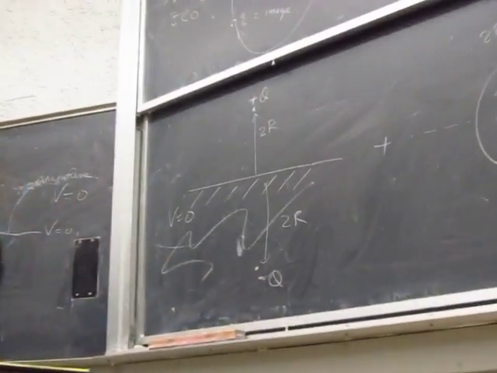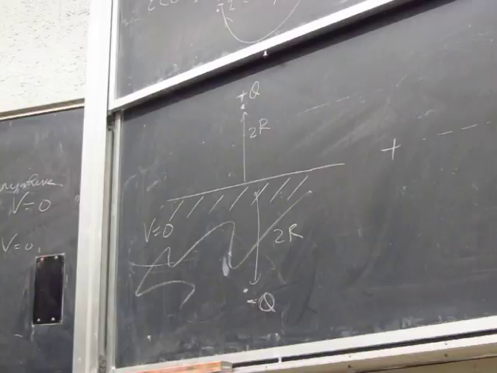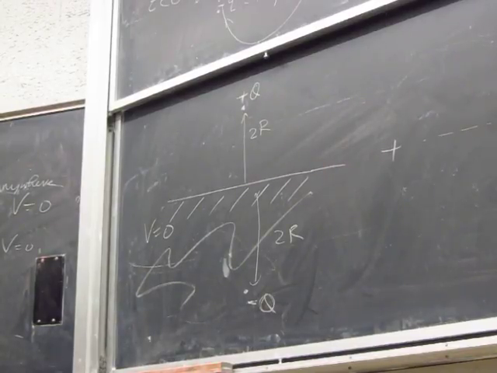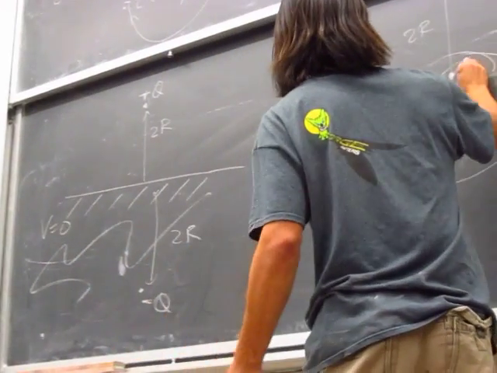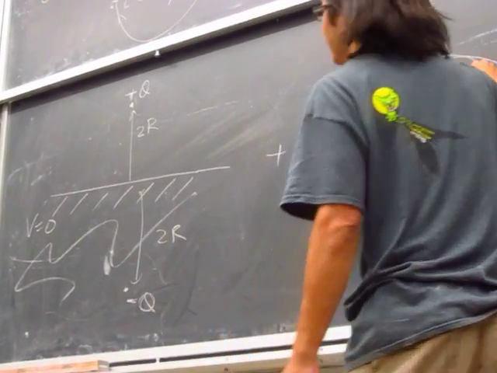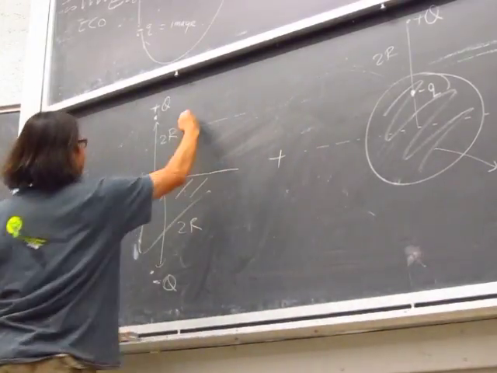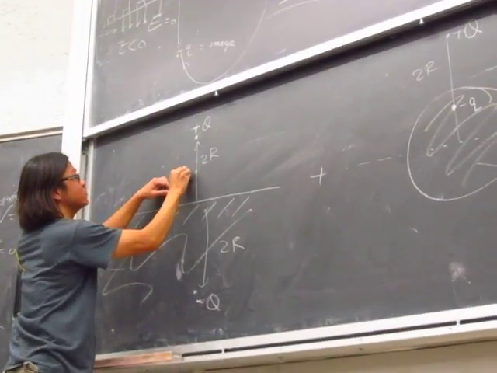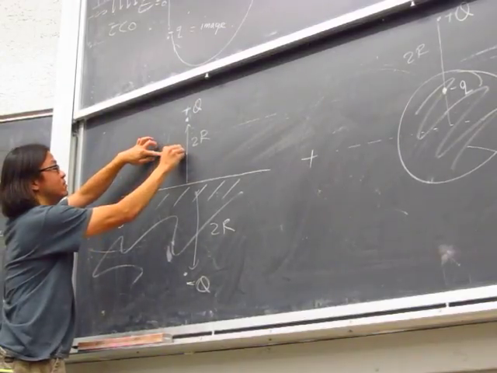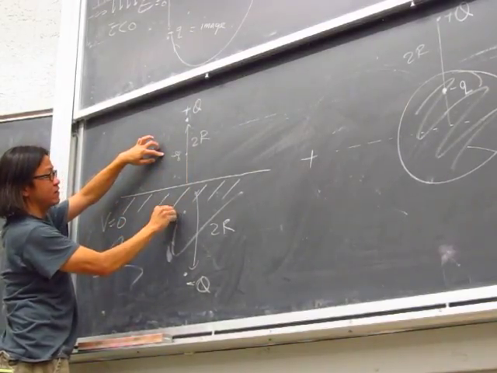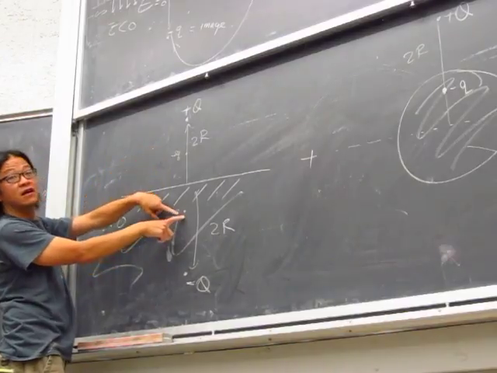But that's not enough, is it? Is it enough? No, because this image minus q is above the surface. So you must have another minus q here, and that minus q will have an image plus q over here.